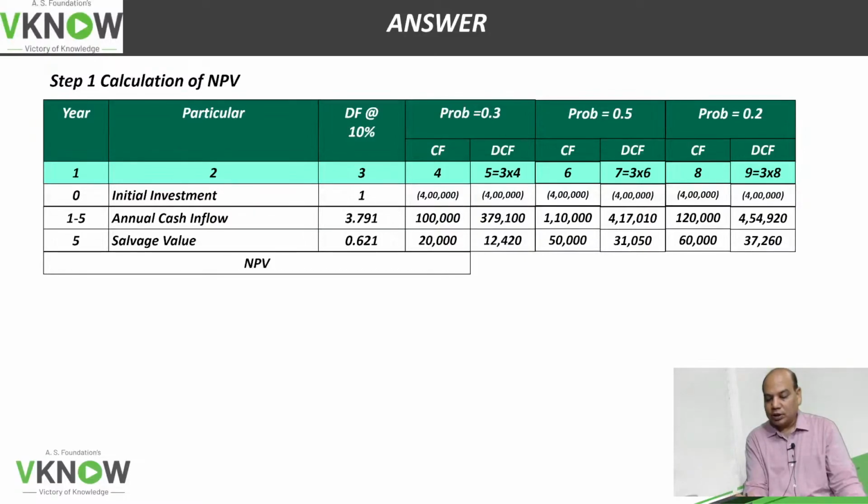Now please tell me the total of this column. Everybody please try. Total of DCF column. Please give me the answer. 8480. Is 8480 right? Next answer please. 48060.